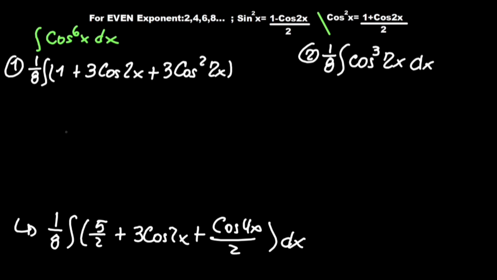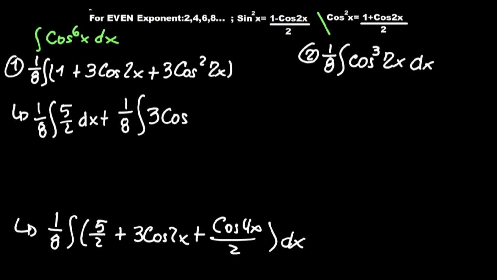For further simplification, we will split this one by one. Plus 1/8 of 3 cosine. Wait, since it has a variable 3, we can just put 3 outside. So this can be 3/8 cosine of 2x.